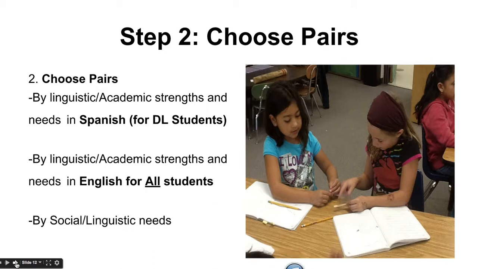All of our emergent bilingual students need development in both Spanish and in English, and for that reason, we might be pairing students for different purposes, including pairing students who speak the same home language with students that speak a different home language, or pairing students that have the same home language together for the purpose of reinforcing and enhancing the home language. You'll also want to make considerations for social and behavioral needs.